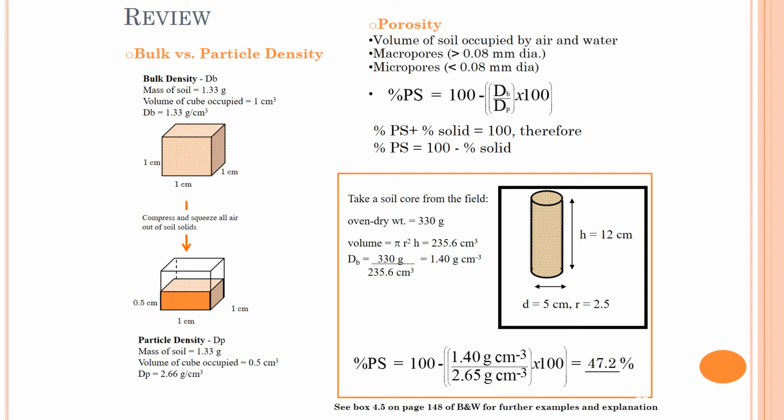To get the porosity of that, we take the bulk density, 1.40 grams per centimeter cubed, and we divide it by 2.65 grams per centimeter cubed, which is our constant particle density. Multiply that by 100 and subtract all of that from 100 to get 47.2%.